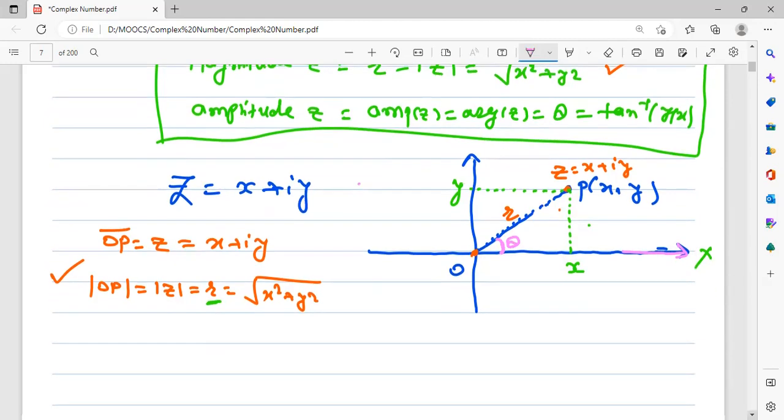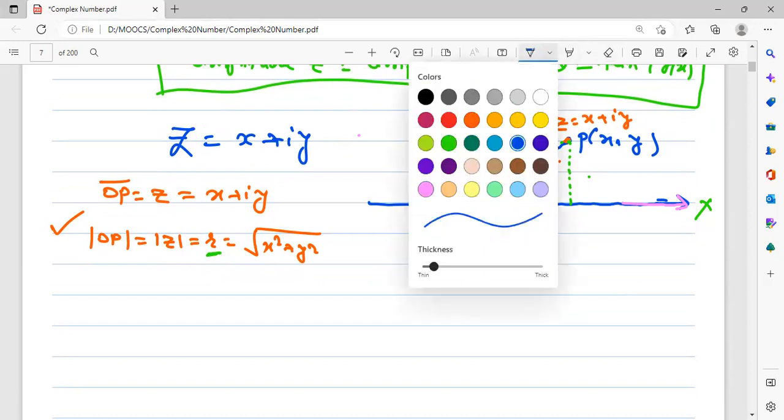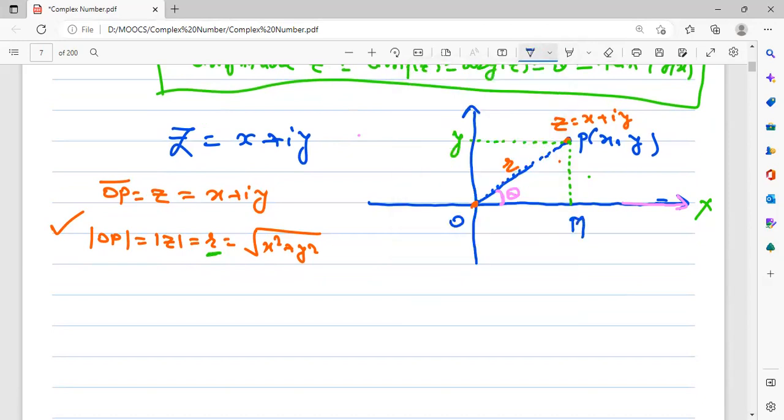Then I will write this distance r here, and the projection of P on the x-axis at point M. What is the PM distance? PM is parallel to the y-axis.